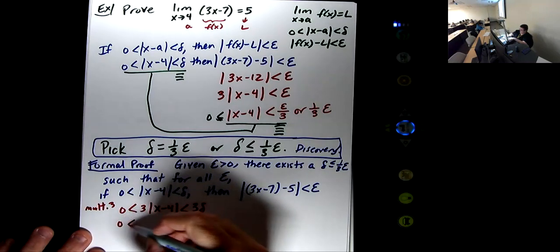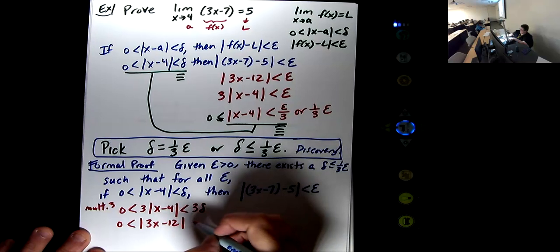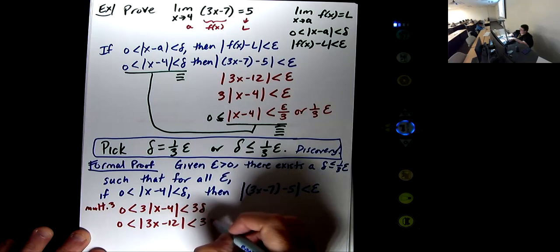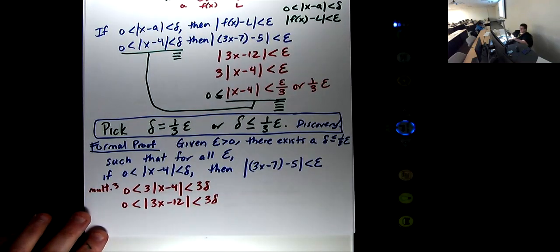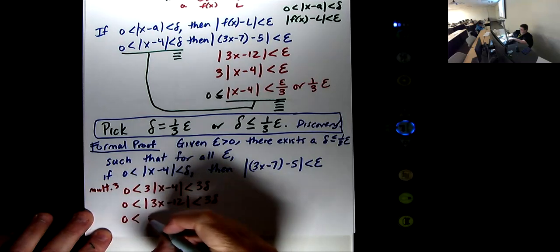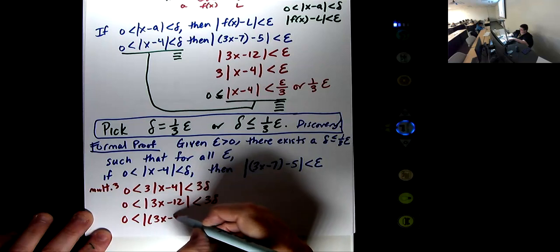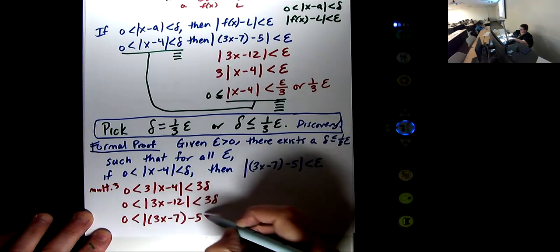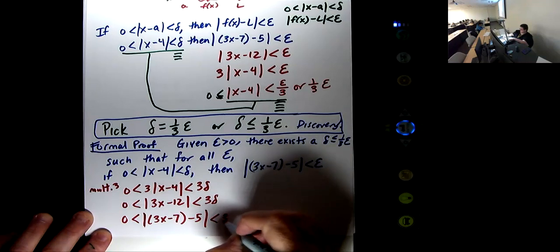And 0 is less than the absolute value of 3x minus 12, which is less than 3 delta. Finally, we write it in the form that's in the f of x minus L format. Is less than 3 delta.